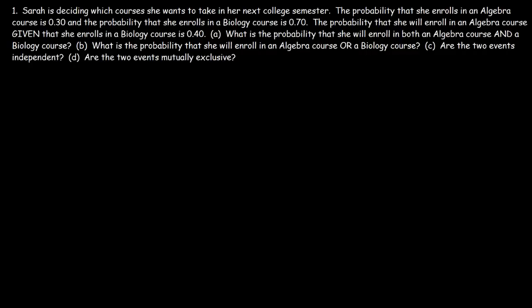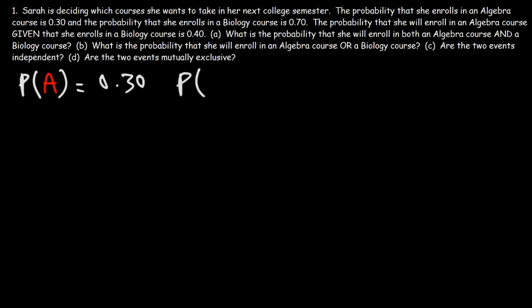So take a minute, pause the video, and using the formulas that we discussed, go ahead and get the answers to these questions. So first, let's begin by writing down what we know. The probability that she takes an algebra course, that is P of A, is 0.30.